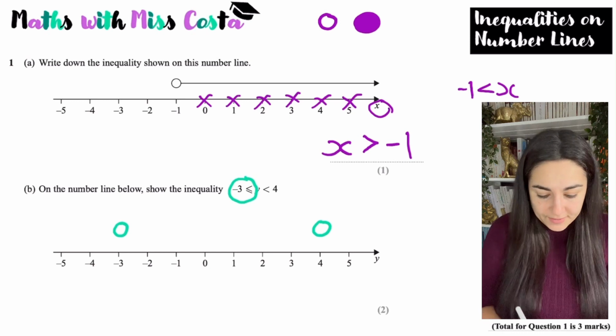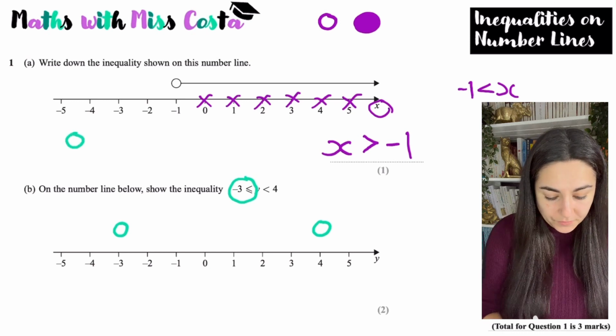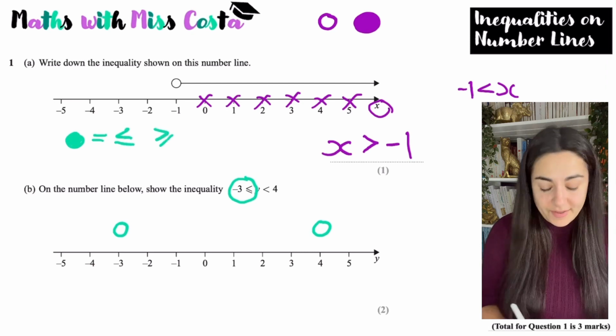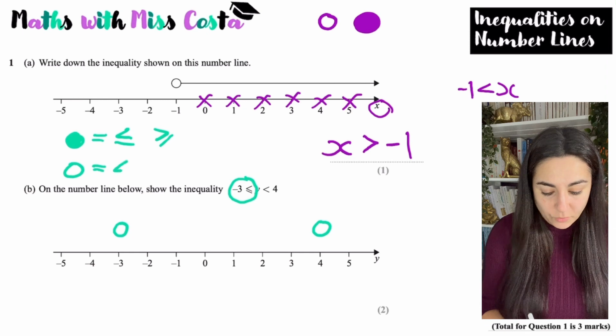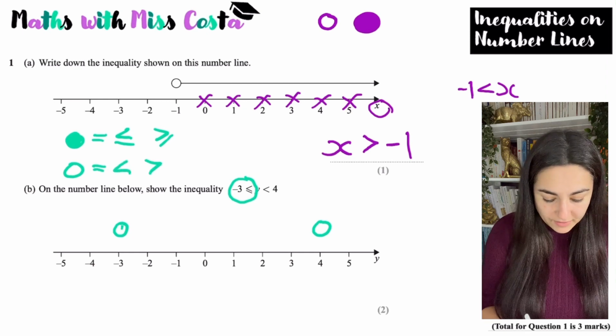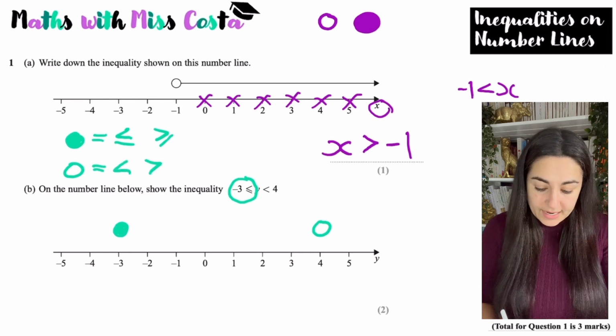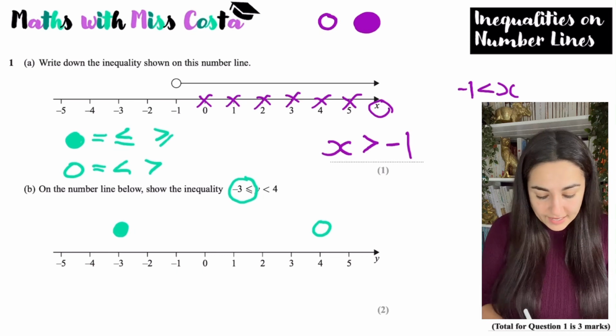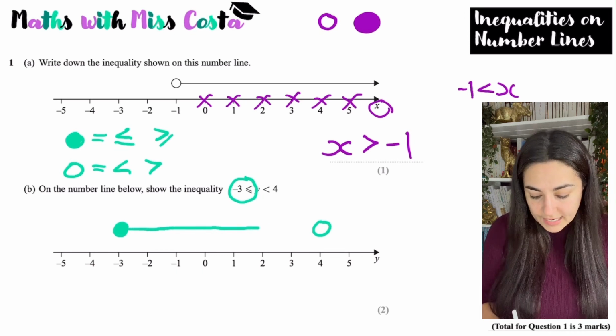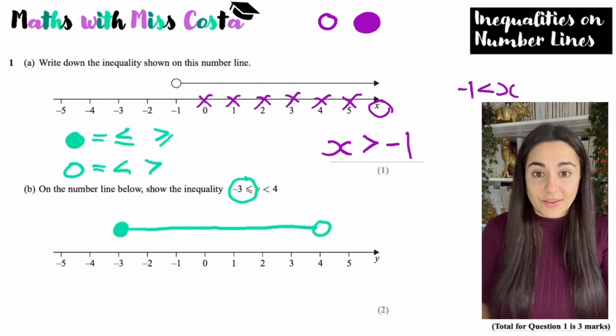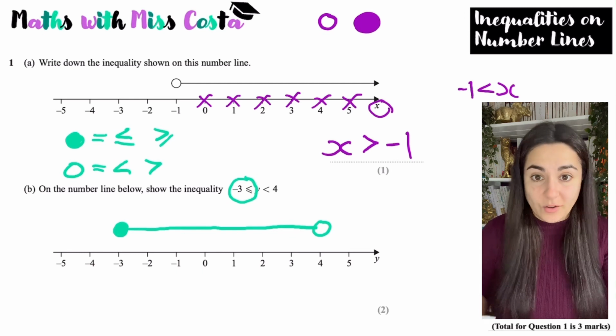So remember, if it's less than or equal to, or greater than or equal to, then I colour in the circle. If it's just less than or greater than, I leave it blank. So I'm going to colour this circle in. It has to be less than 4, so I leave that one blank. And all I do is draw a line between the two. And that's it. That's how I show that inequality.